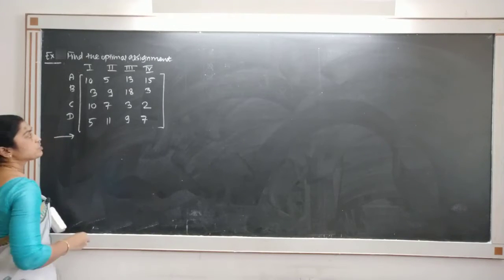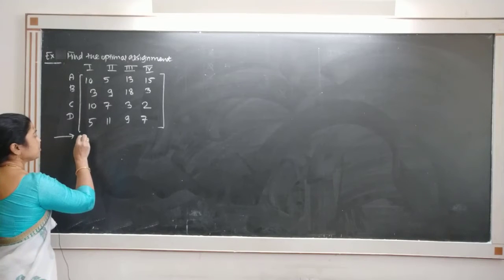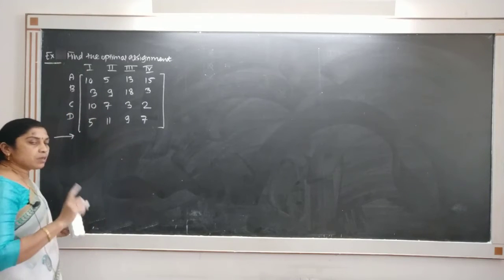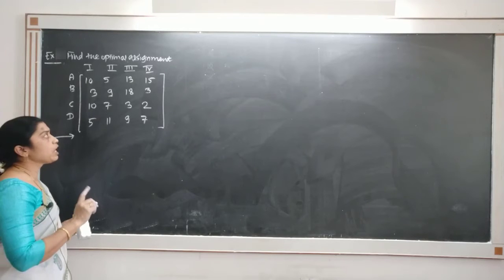So, in the first step, find the smallest in each row and subtract it from every element of that row.